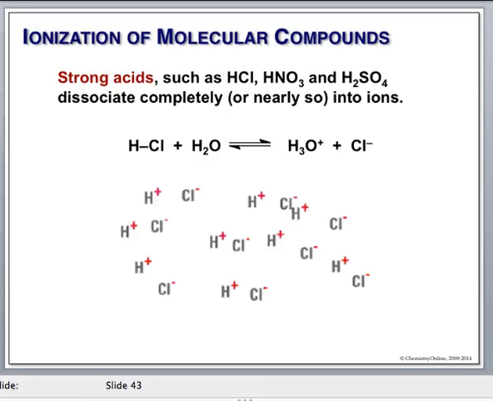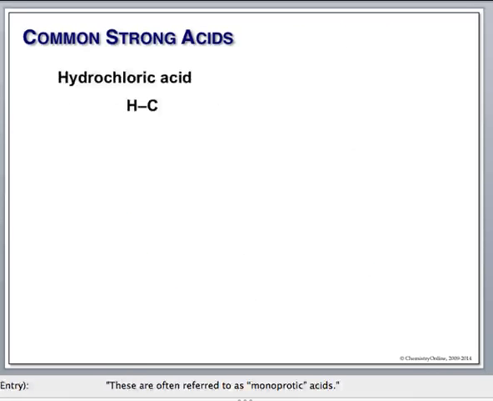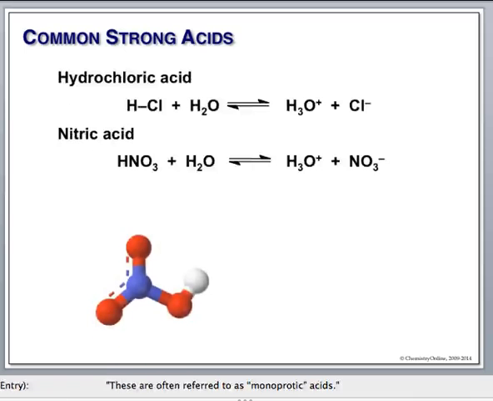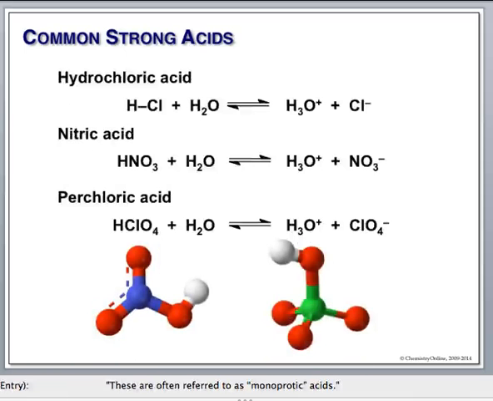All right, well, like I said, we're going to deal mostly with strong acids here. Common strong acids. We just saw HCl. HCl ionizes in water to give hydronium and chloride. We talked about nitric acid. Nitric acid would take nitrate, that's NO3, and we put a hydrogen on one of our oxygens.